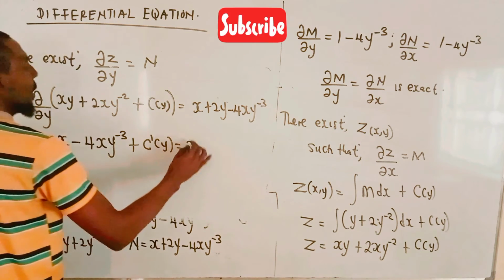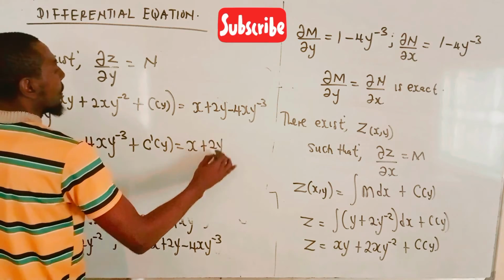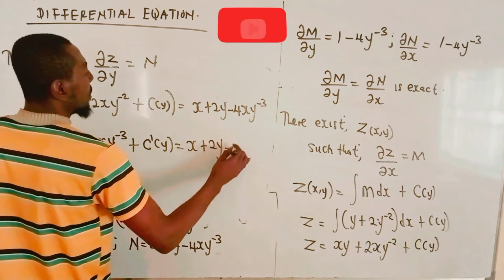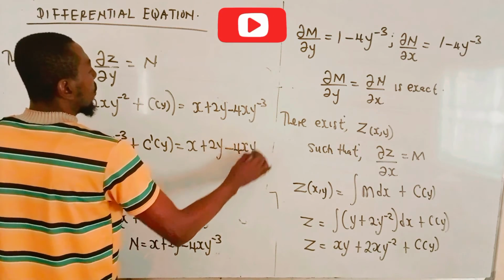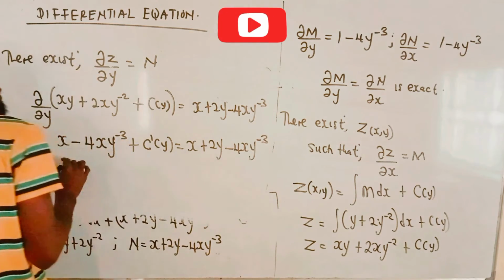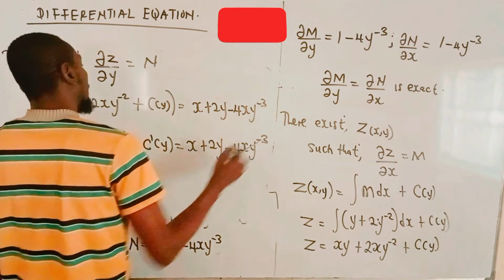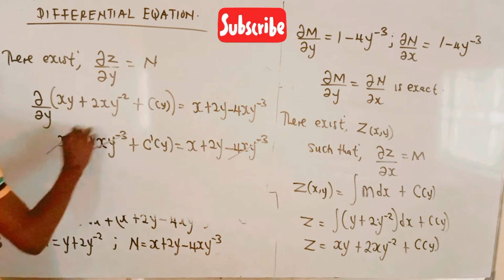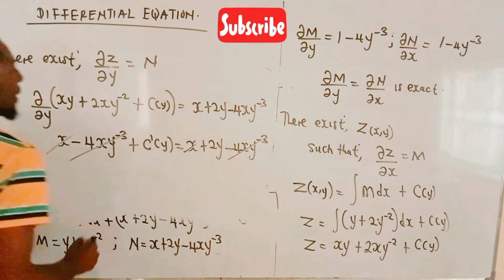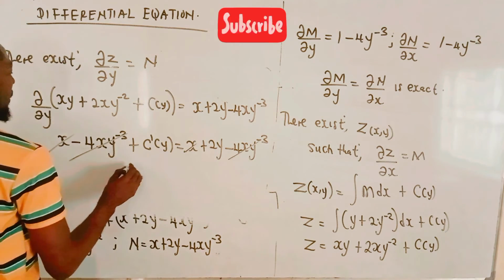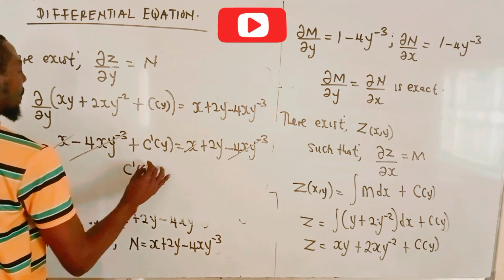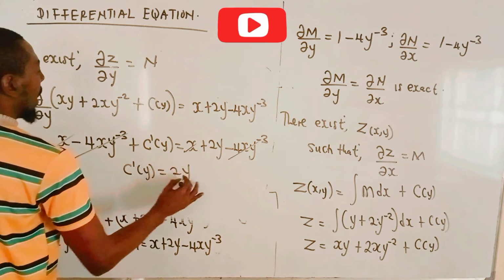And that's equal to x plus 2y minus 4x y to the power minus 3. So we can remove these terms from both sides, and remove x from both sides, so that we have c prime of y is equal to 2y.